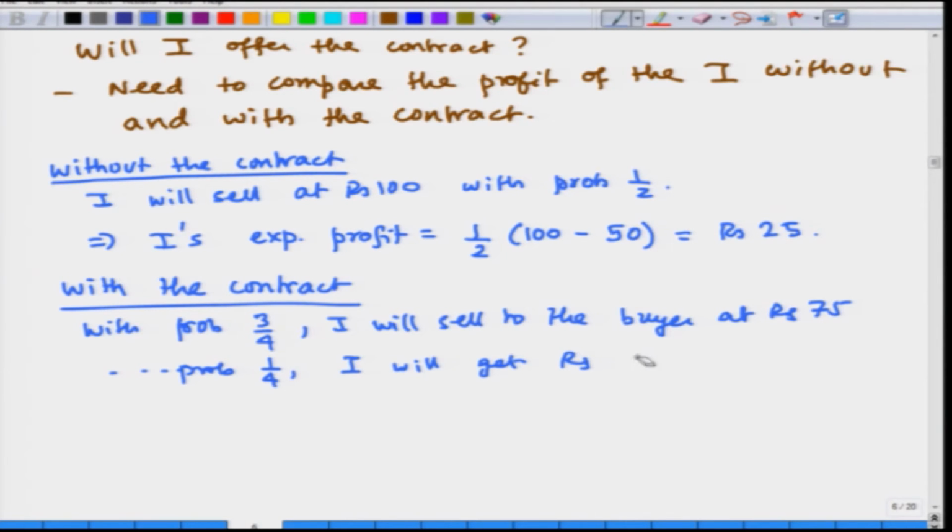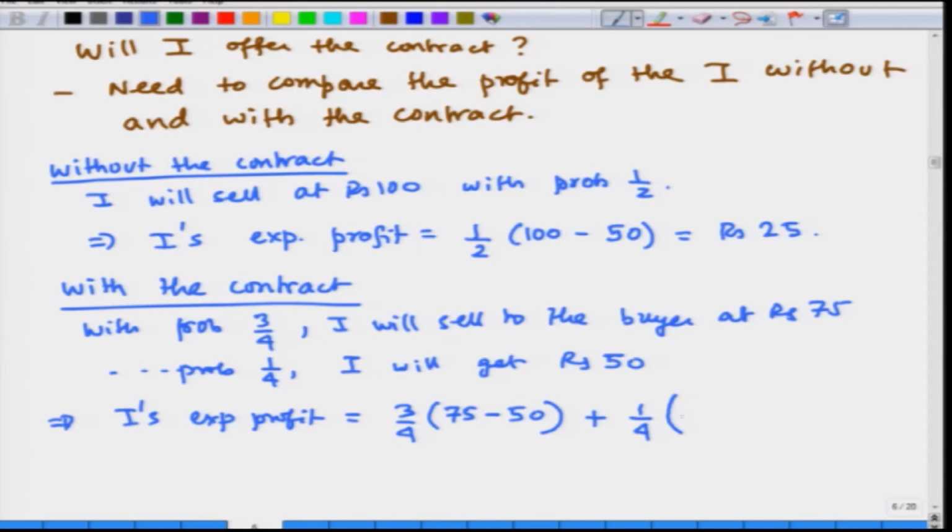So, the incumbent's expected profit is 3/4 times 75 minus my marginal cost, which is 50, right. So, with probability 3/4 I will charge a price 75 because that is what the contract says, and my marginal cost is 50, plus with the other probability 1/4 I will not offer the product because it is the entrant who is going to sell the product to the buyer at a price of 25, but the buyer will pay me 50 rupees as the breach of contract penalty.